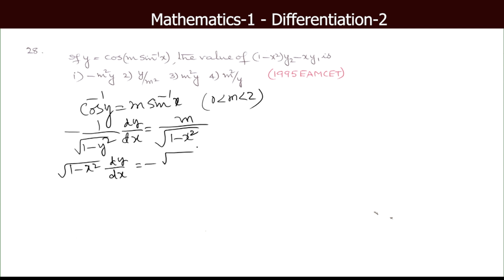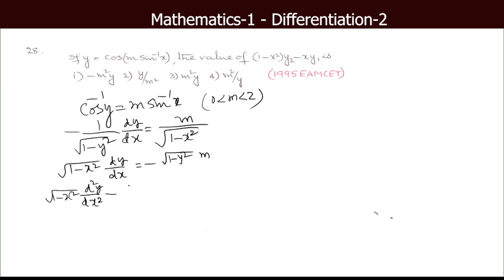minus m times root of 1 minus y square. Now, once again differentiate both sides with respect to x because of the presence of 1 minus x square. Into y2 minus xy1, root 1 minus x square into d2y dx2 plus derivative of root of 1 minus x square. What is the derivative of root of 1 minus x square?